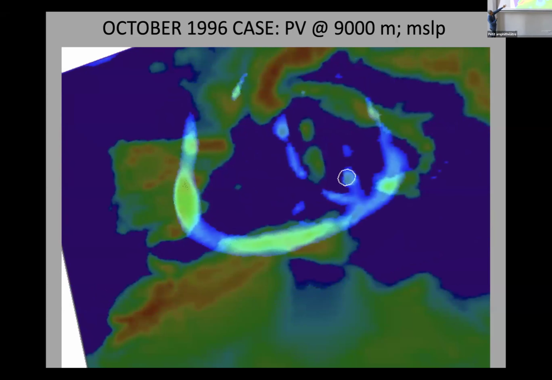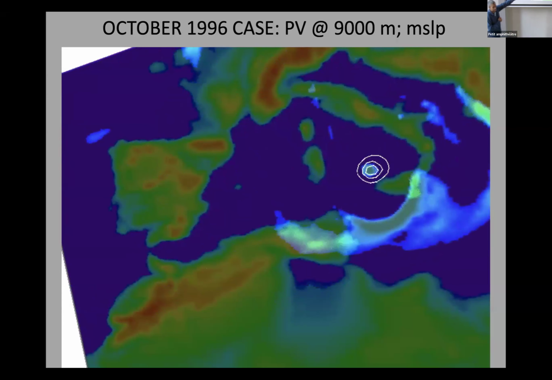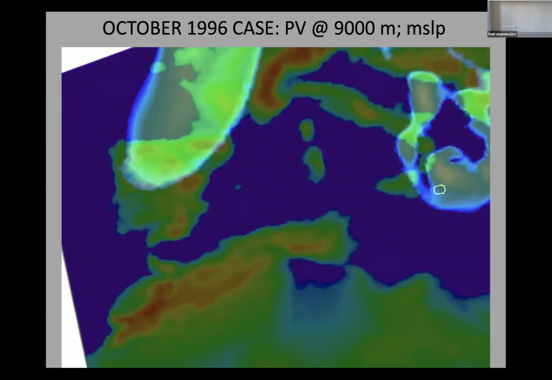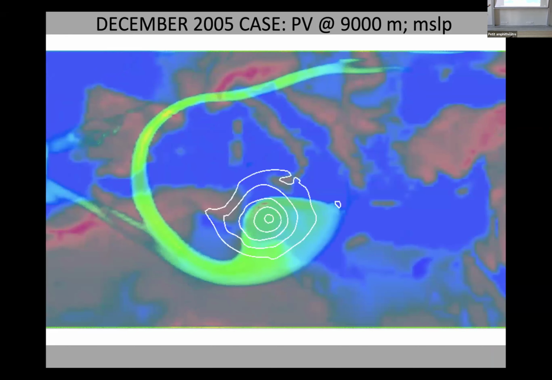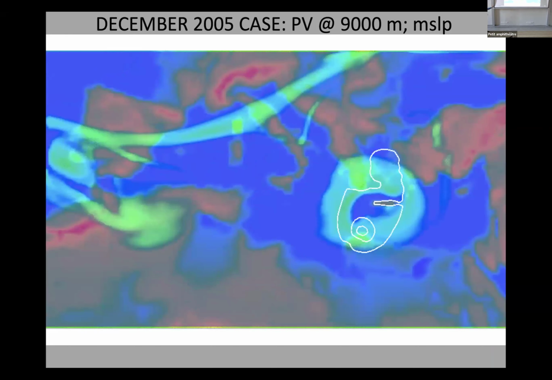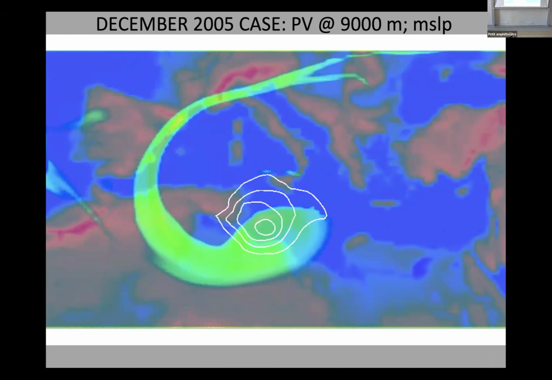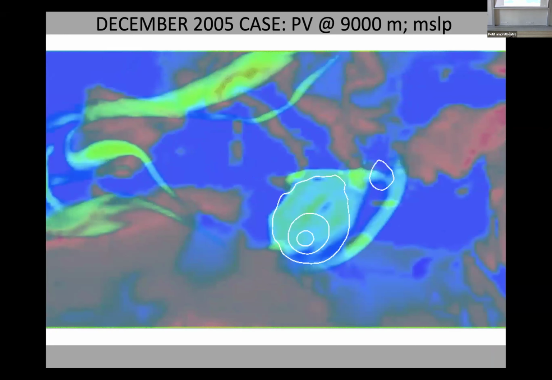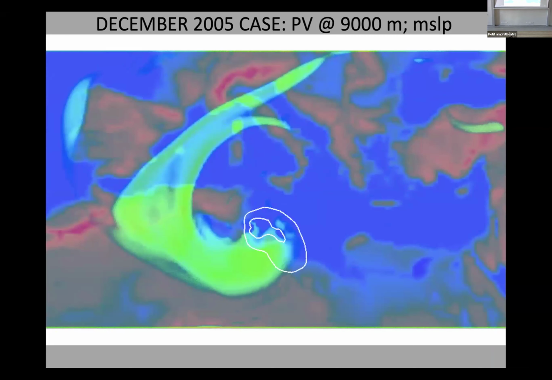So it seems that you have a diabatic generation of potential vorticity at this stage. If you look at the other case, it is a completely different evolution. The cyclone forms and basically develops within the upper level PV feature that was responsible for its generation.